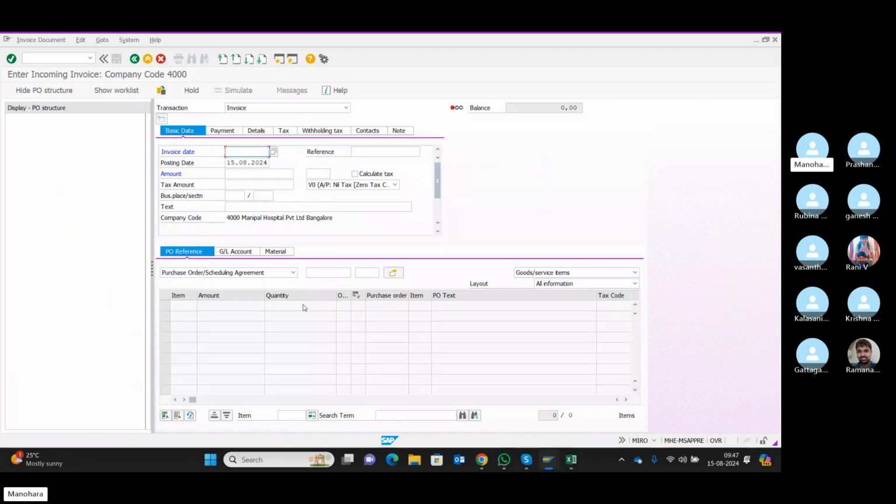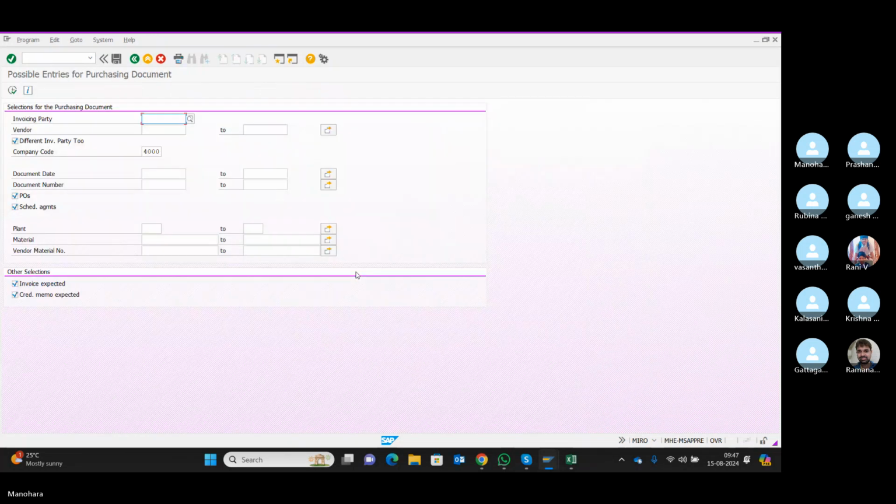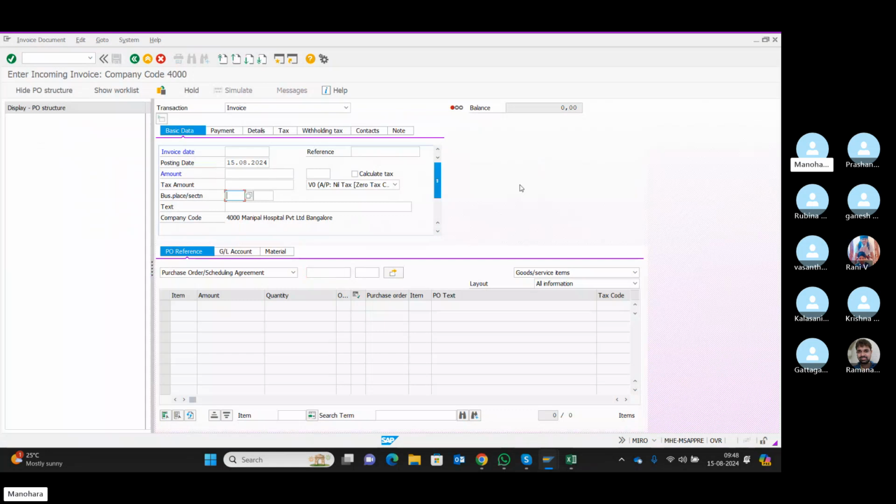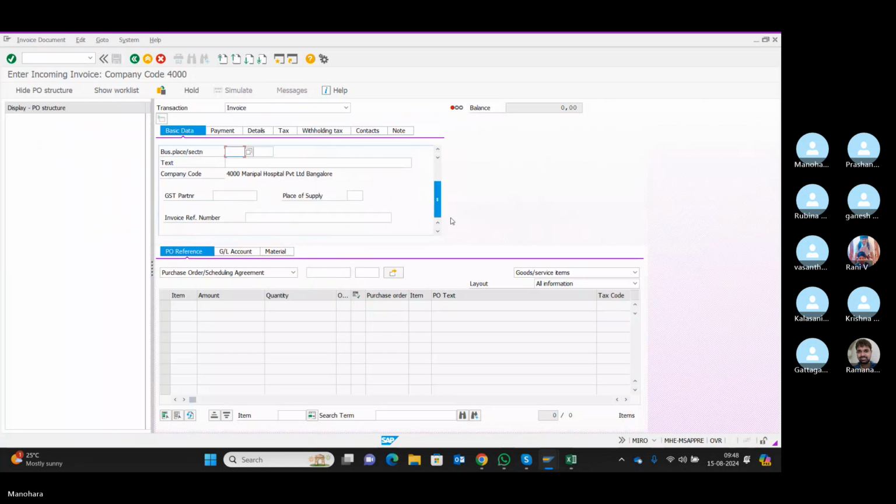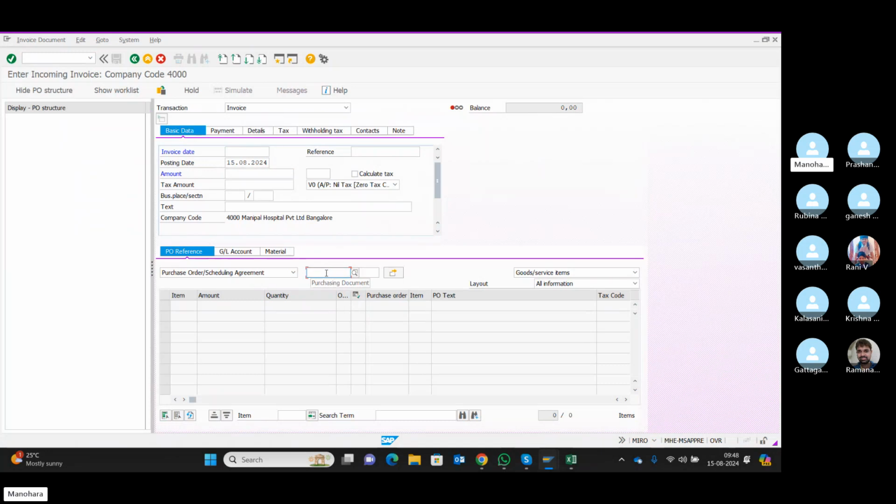for example, you are going to give the purchase order, right? Take one purchase order. In the purchase document, is there any profit center here?